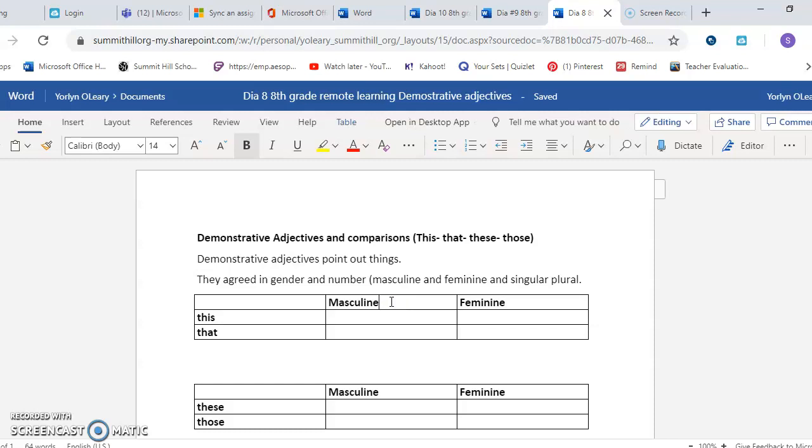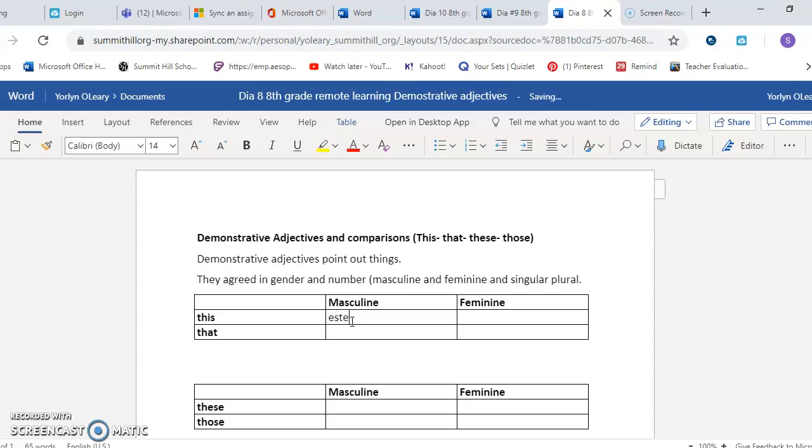Remember, words in Spanish should be masculine when they start with el, los. Feminine should be la, las for the plural form. So if I want to say this in Spanish, I'm touching that object. That object is masculine in Spanish. That means it ends in o, or the definite article is el.